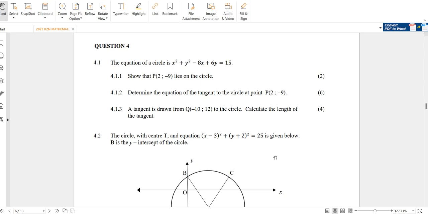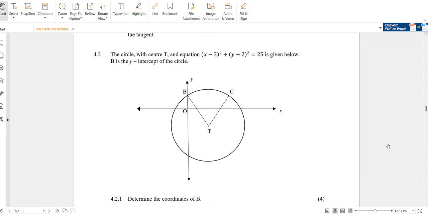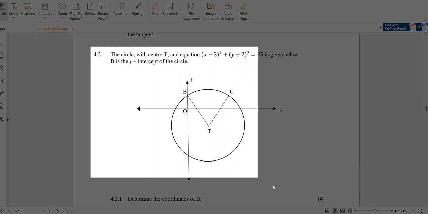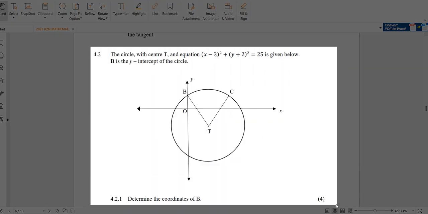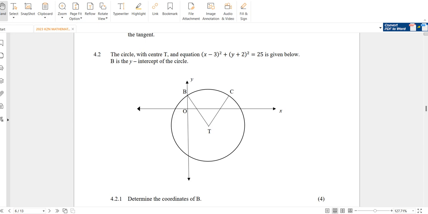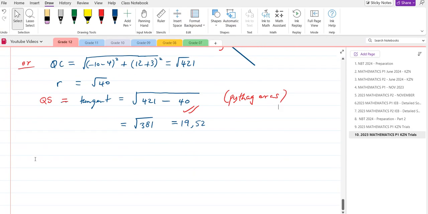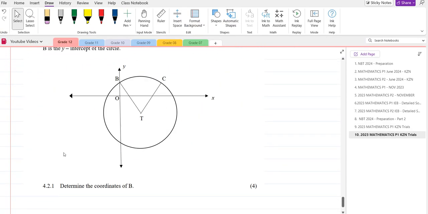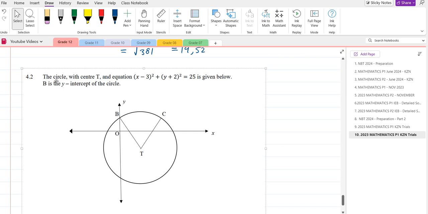Right, so moving on to the next problem, which is, let's see what we have here. Right, so now the circle is drawn in center radius form. So obviously you can get the center of the circle. Let's check how. The circle with center T is given below with the equation.